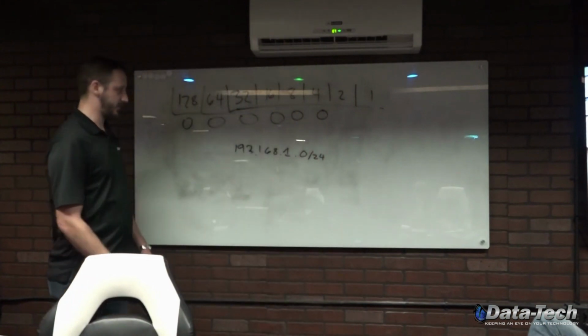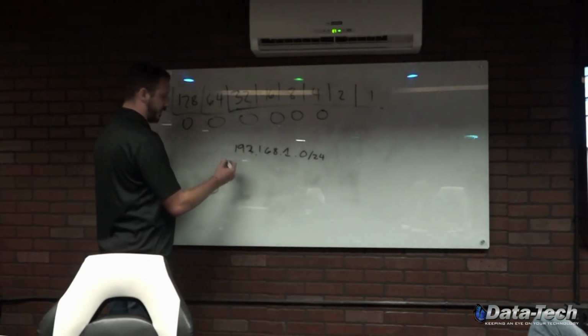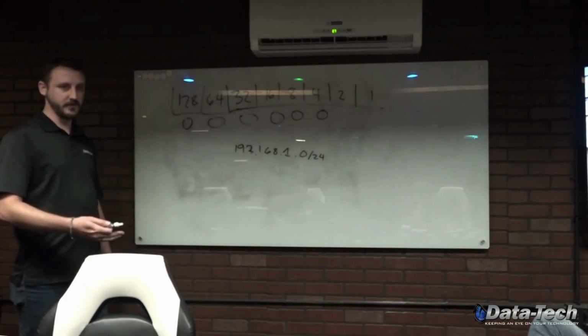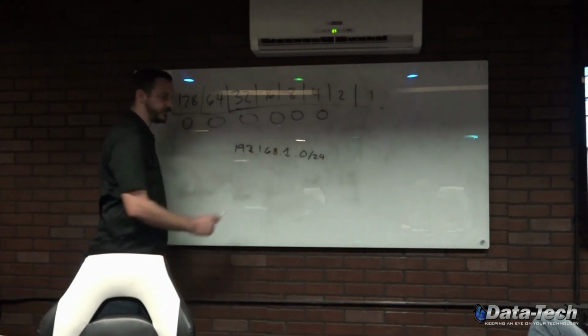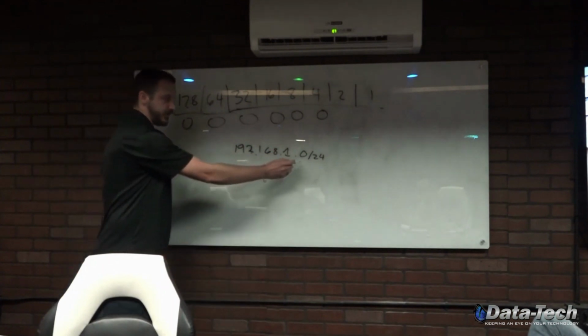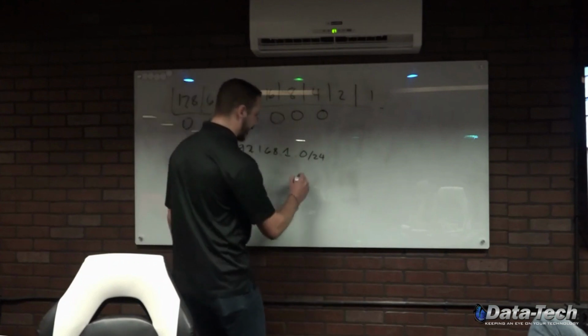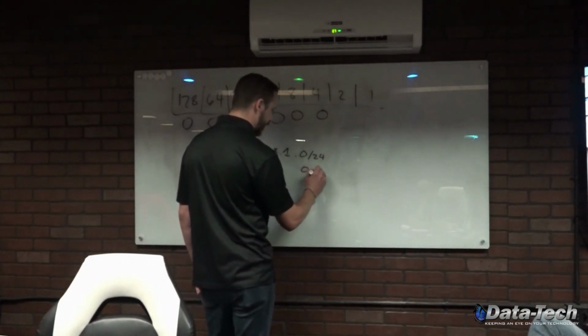In this network, the subnet is 255.255.255.0. That's your /24. 0 is the first, and 255 is the last. So you have 0 as the network ID.